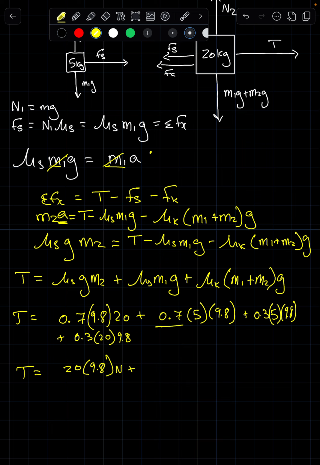Now, 0.7 plus 0.3, again the same thing with different numbers, is going to be 1. So it's going to be 5 times 9.8 newtons, which equals 25 times 9.8. Plugging that into our calculator, we get 245 newtons.